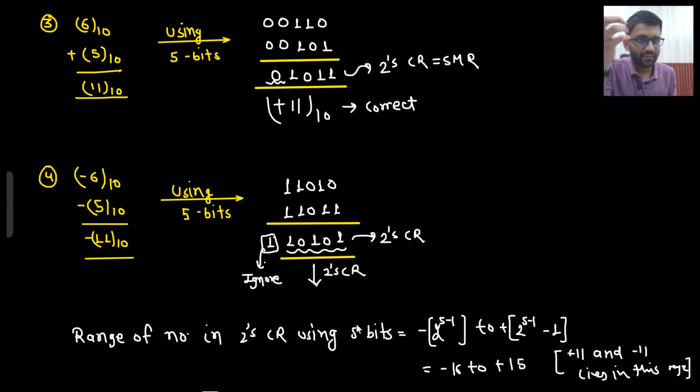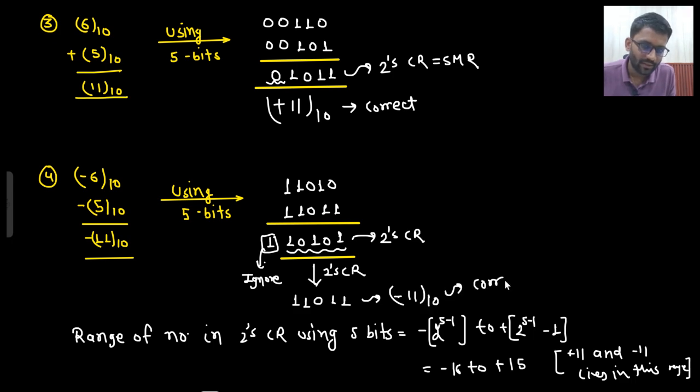But if the question is asked we need the final answer in sign magnitude representation, then you need to take 2's complement. So one here, one starting from here, and all are complemented. So what is the final answer? Here you can see it is first bit for sign, so minus 1 2 4 8 11 only. What you get? Correct answer.